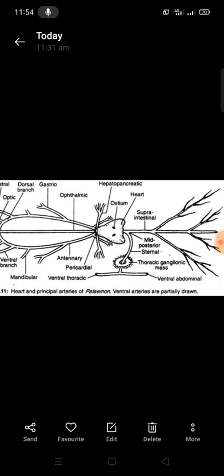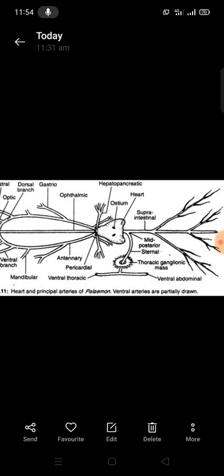The blood consists of plasma and blood cells, RBC and WBC, the various types like monocytes, granulocytes, neutrophils, lymphocytes. The blood is blue in color because of the respiratory pigment hemocyanin.